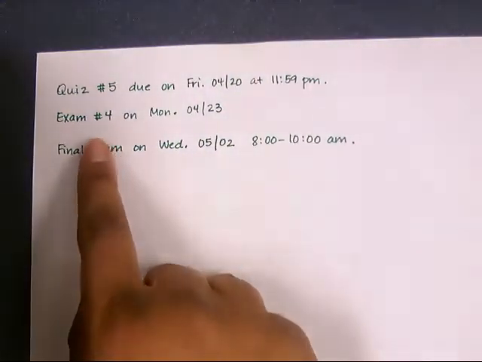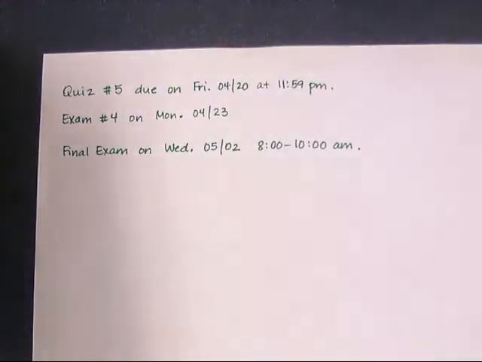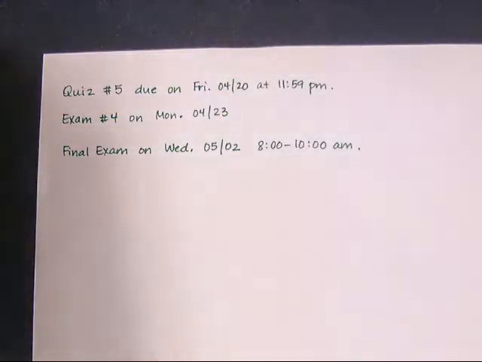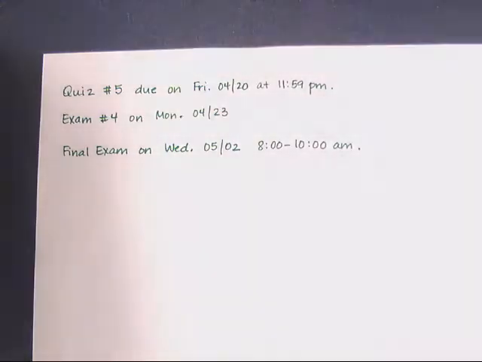All right, your next exam, number 4, will be on Monday, April the 23rd. I will have a review sheet that covers the material in chapter 4. Okay, because on Monday we will do section 4.9, and that will wrap up chapter 4, which deals with antiderivatives.